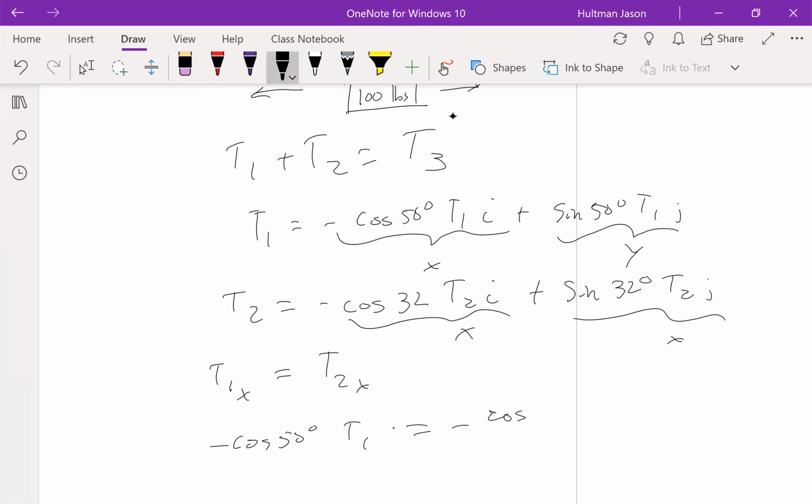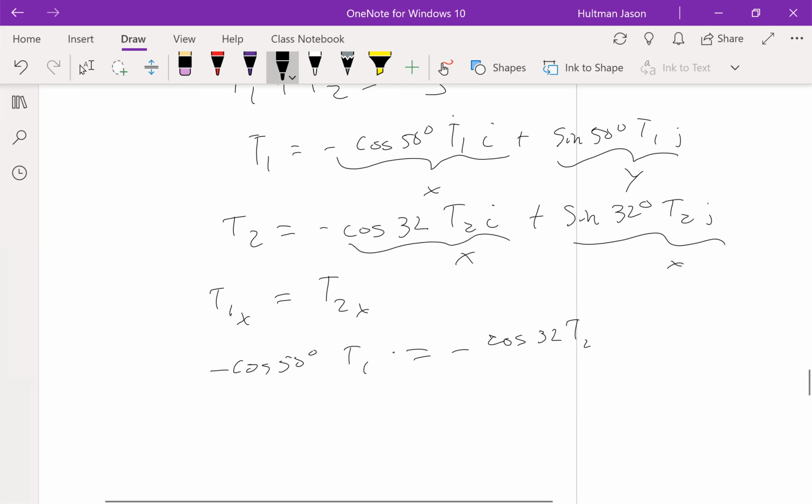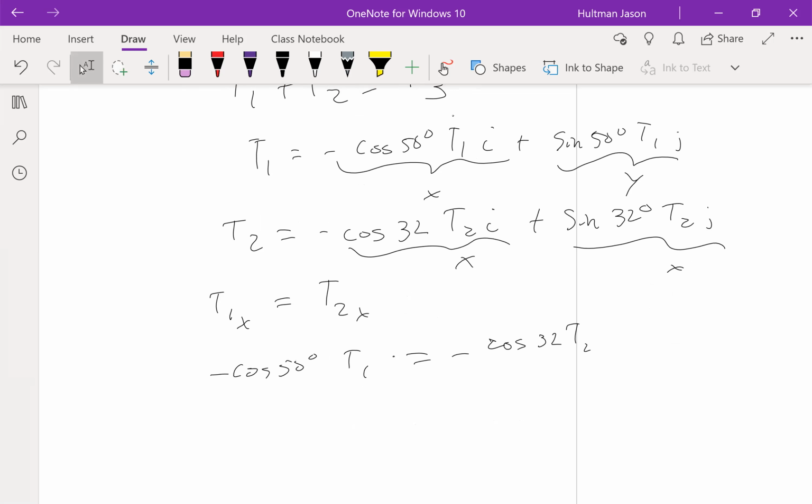If I were to add these together, they'd have to add up to 0, so they're just going to be equal to each other.